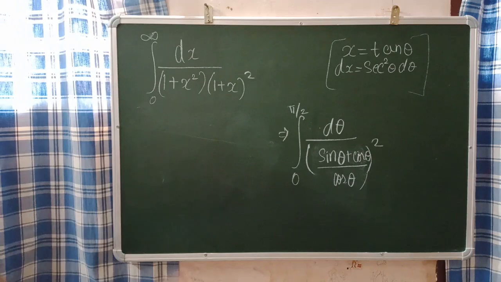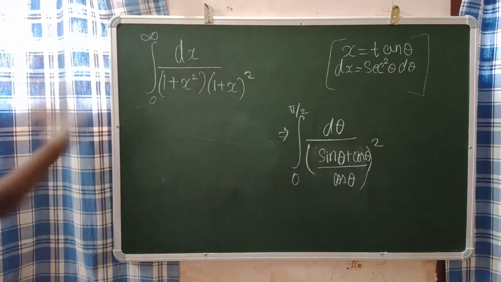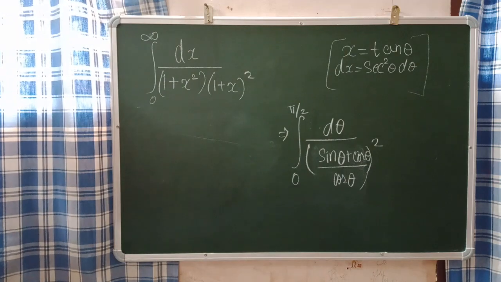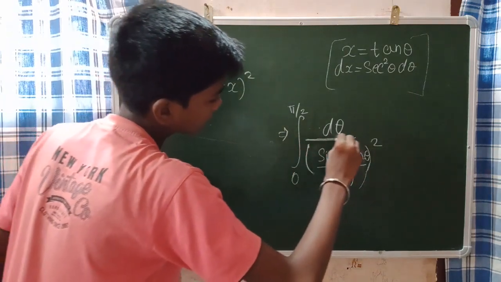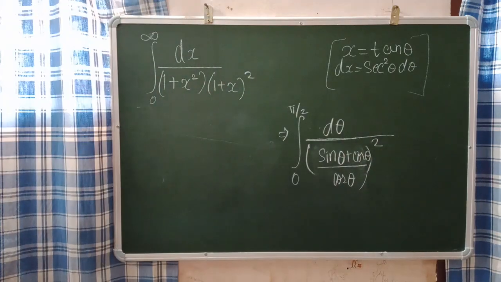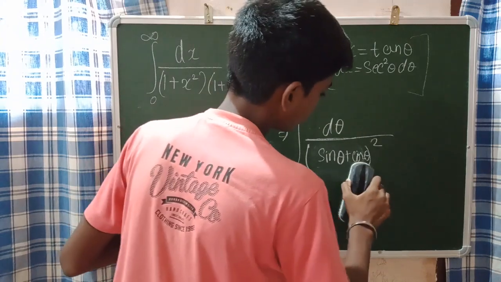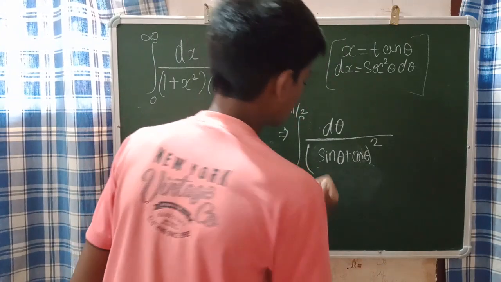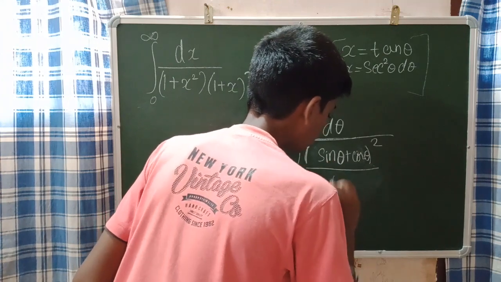Simple matter. Now after this, I can solve your denominator as, listen, (sin theta plus cos theta by cos theta) whole square is nothing but (sin theta plus cos theta) whole square divided by cos square theta, correct now?